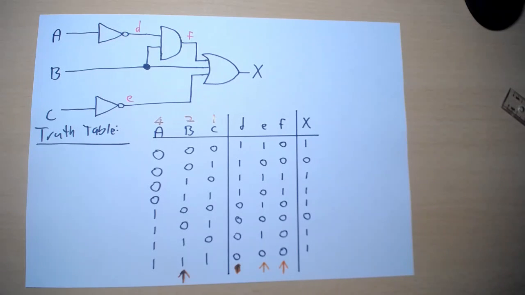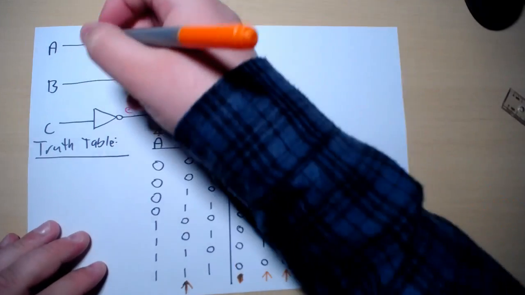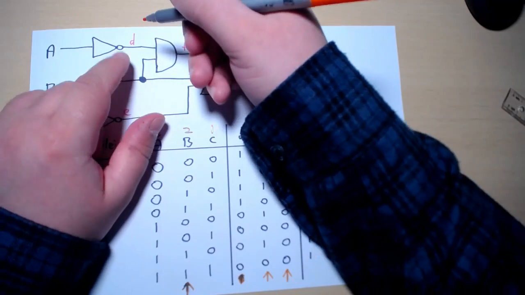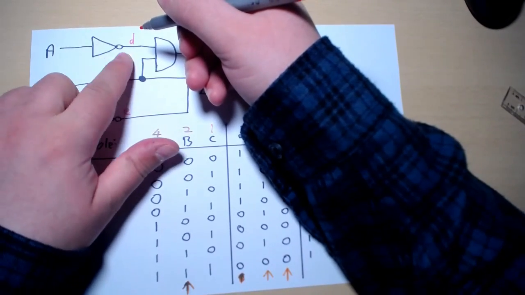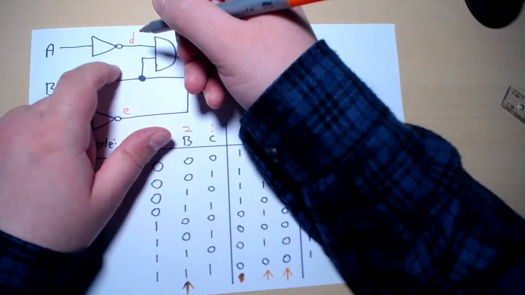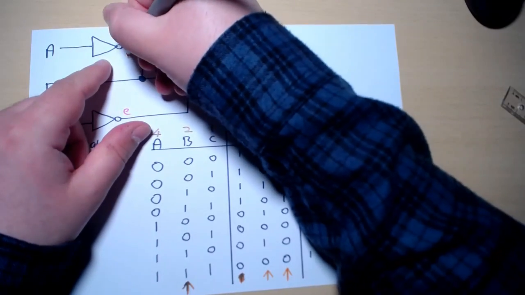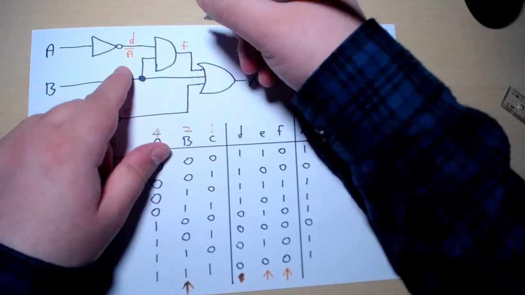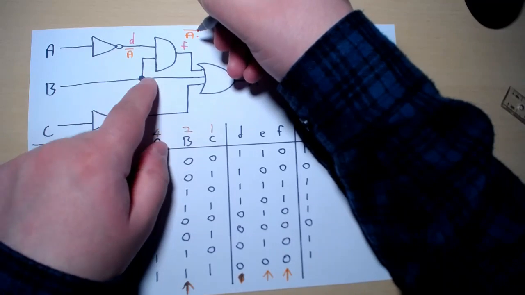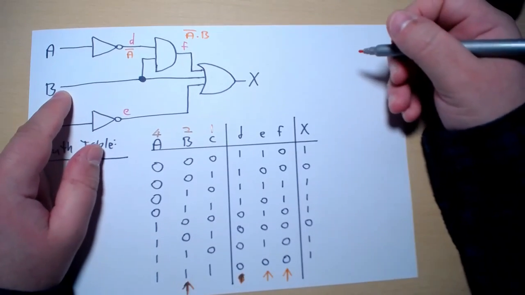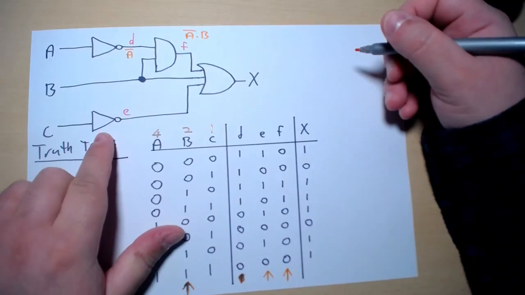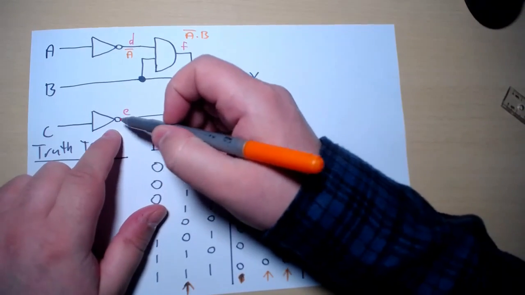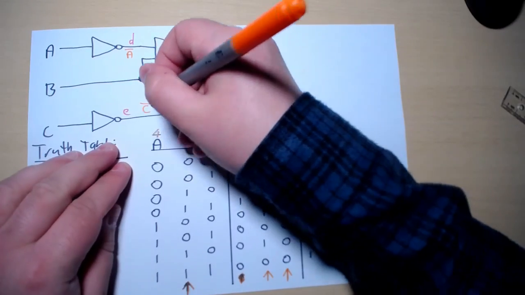Now if we have to do the Boolean expression, as usual, we take a pencil and we write down the intermediate output for each logic gate. So here we have a NOT. Here we have an AND gate, but it's the AND of this, which is a NOT A, and this, which is B. Here we have another NOT gate, so this is the NOT of C, therefore C NOT.